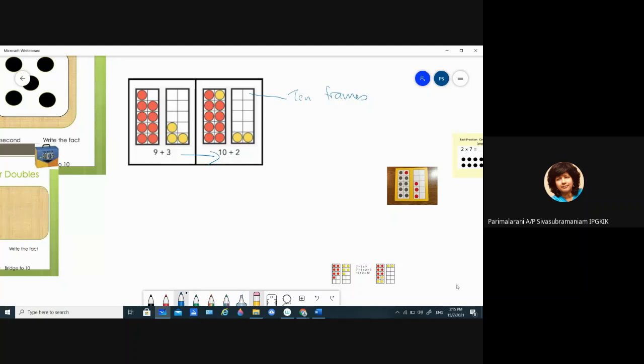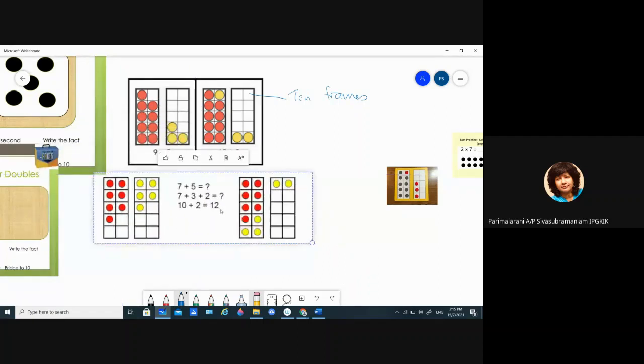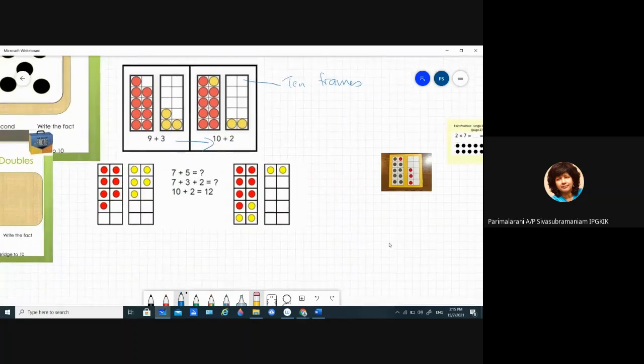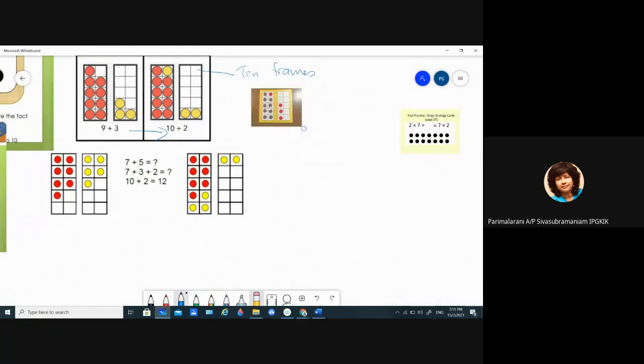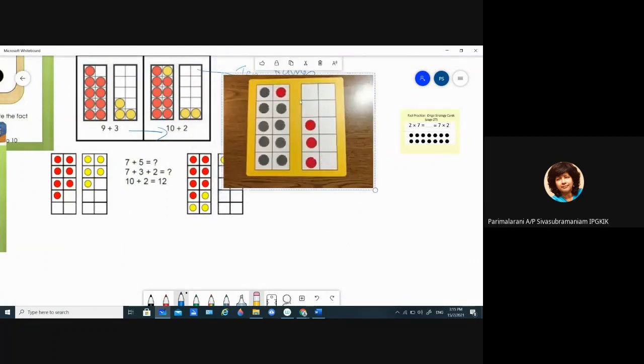These are 10 frame cards, which you can make to teach bridge to 10. These are other examples, 7 plus 5 equals 10 plus 2. These are all 10 frame cards. This is also 10 frame cards by Origo. All these cards can be folded. So you can show one, and you can have one set at the bottom.